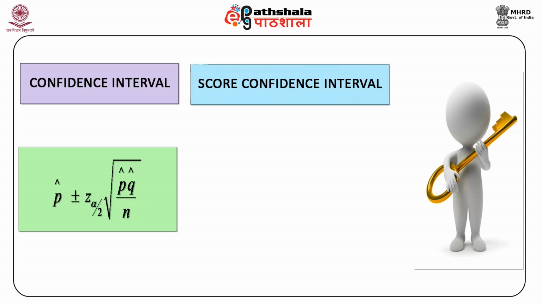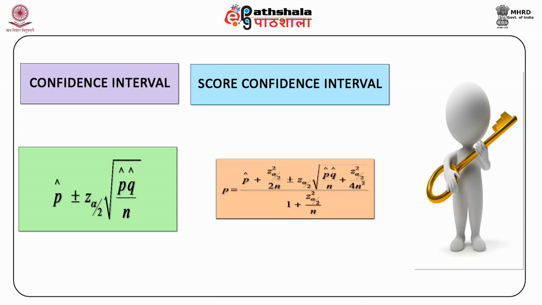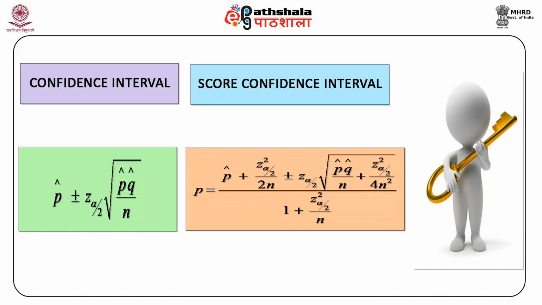But the score interval p equal to p hat plus z squared alpha by 2n plus minus z alpha by 2 square root of p hat q hat upon n plus z squared alpha by 2 upon 4n squared, the whole thing divided by 1 plus z squared alpha by 2 by n, does not suffer from this deficiency and can be used for all sample sizes and all values of p.